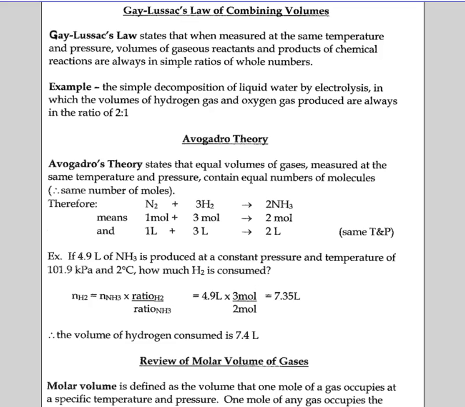Gases, when they react, do so because, as Avogadro's theory states, at the same temperature and pressure, a volume of one gas and an equal volume of the other contain the same number of particles. So because of that, in other words, the same number of moles, we can use these whole number ratios, such as the production of the ammonia, almost in place of mole ratios.